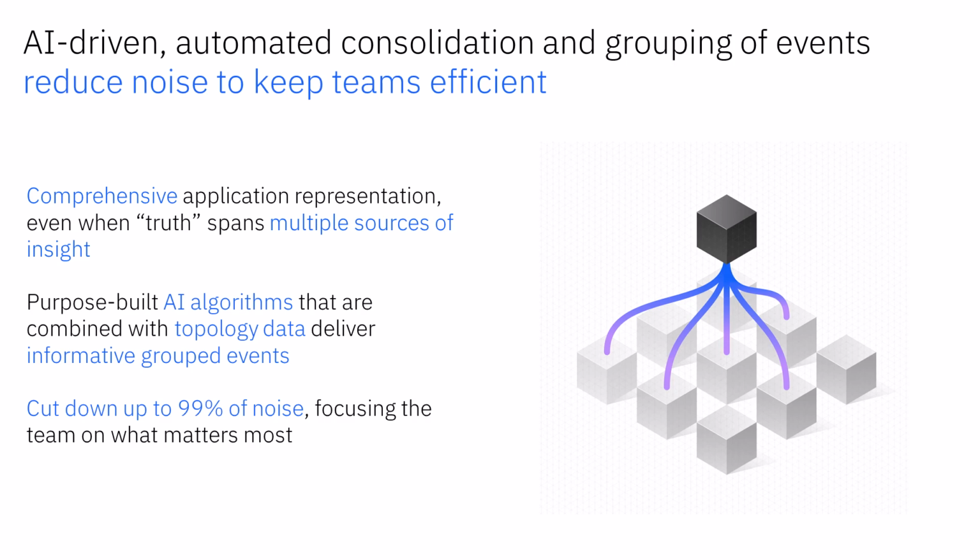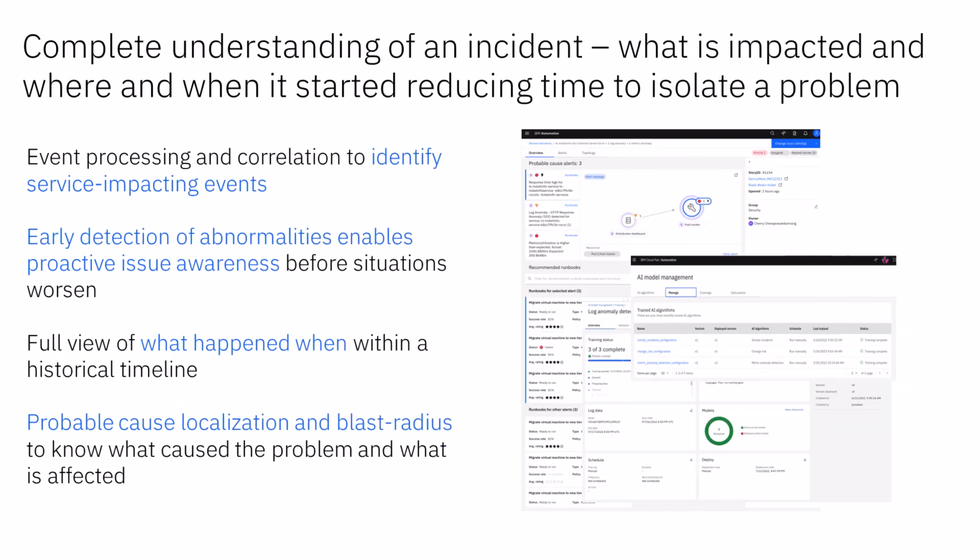For event groupings, IBM brings signals together with association rule learning, temporal and spatial clustering, and some other machine learning algorithms. Cloud Pak for AIOps gives a client a complete understanding of an incident, what is impacted, where, and when it started, by reducing time to isolate a problem.